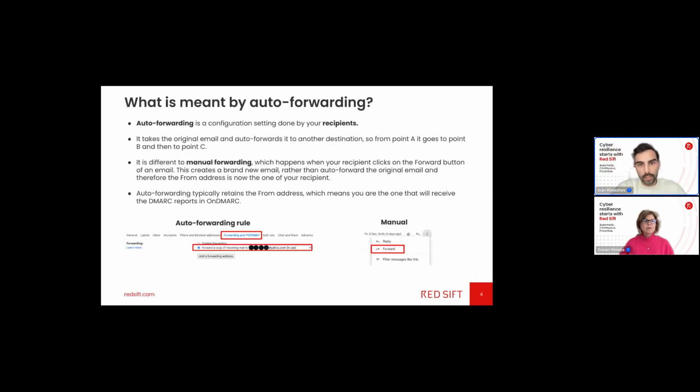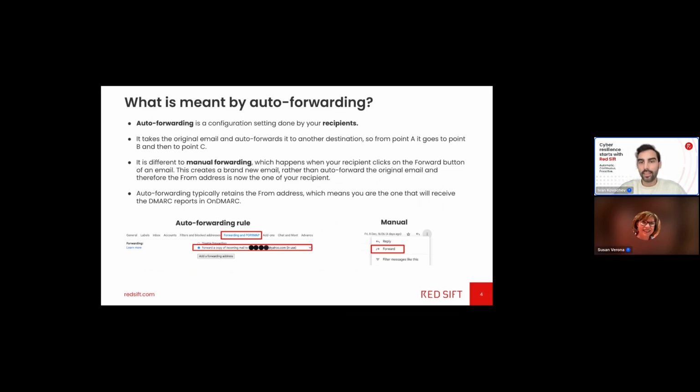So what is meant by auto forwarding? As I mentioned earlier, there are two types of forwarding that we often come across. One is called manual forwarding, and the other one is auto forwarding. As you can see from this slide, towards the bottom on the right-hand side, I have a screenshot and an example of manual forwarding.